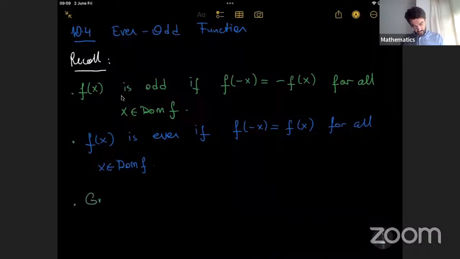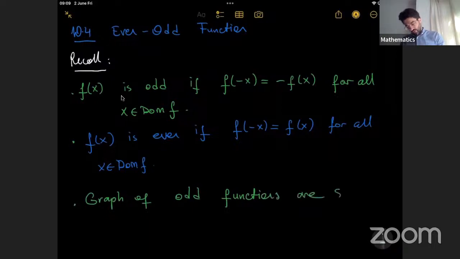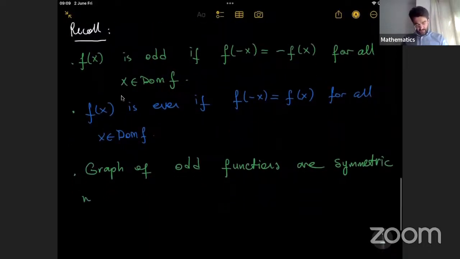Graphs of odd functions are symmetric with respect to the origin.